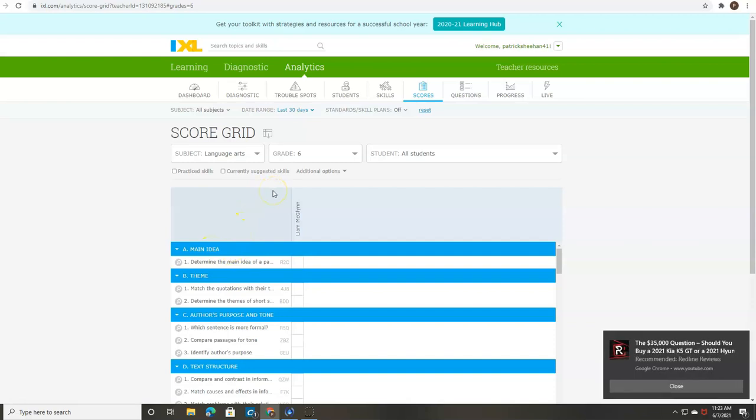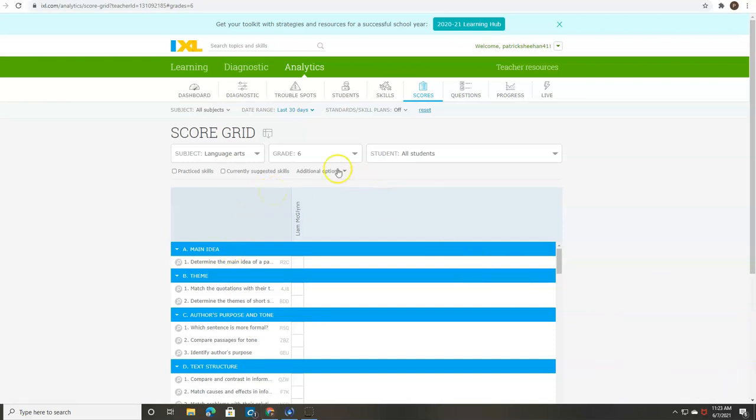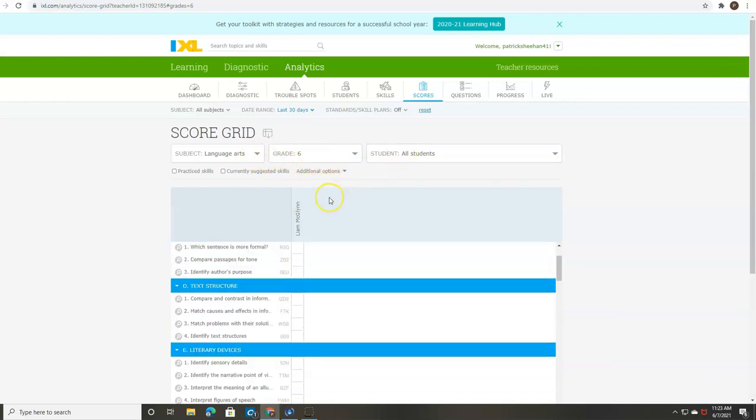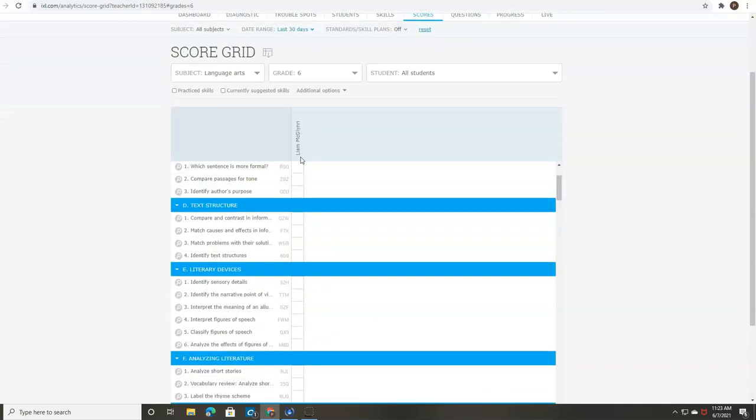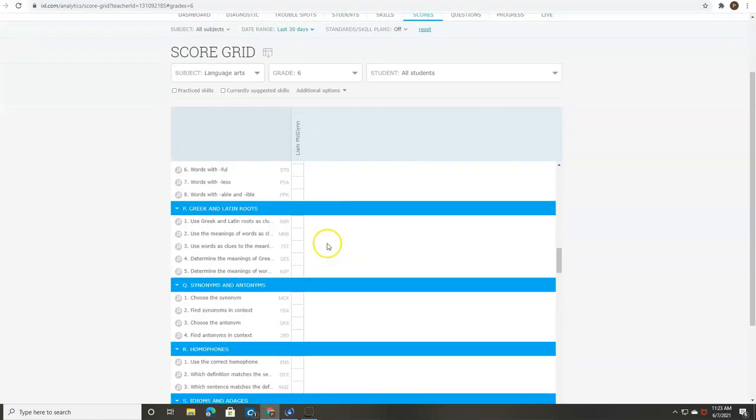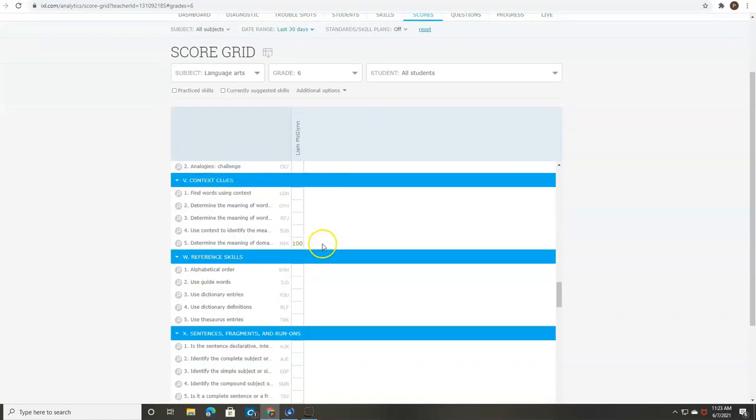So if I look here, in language arts, I'm in grade 6, all students. I'll scroll down. So I know I'm in 6th grade because it showed a 6. The skill I clicked on showed 6V. So now I'm looking for V. Here's V, context clues. And what was the number after the V? 5.